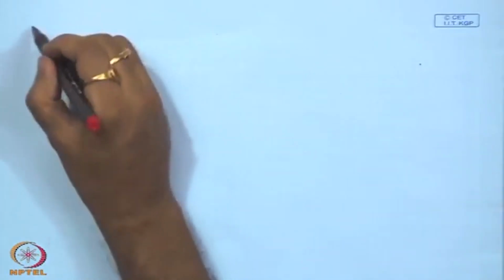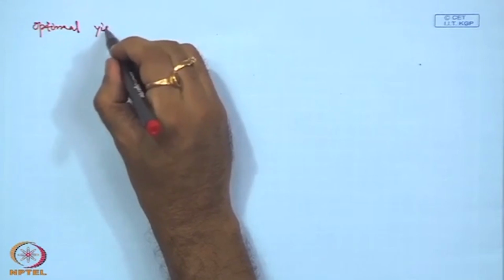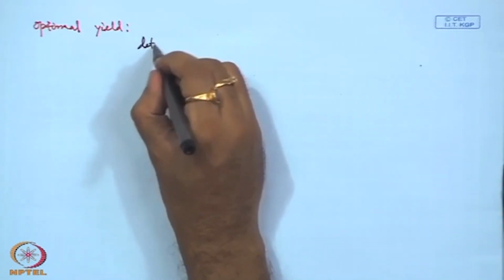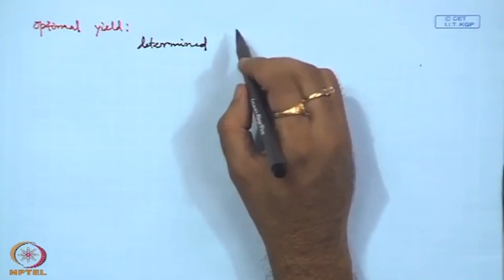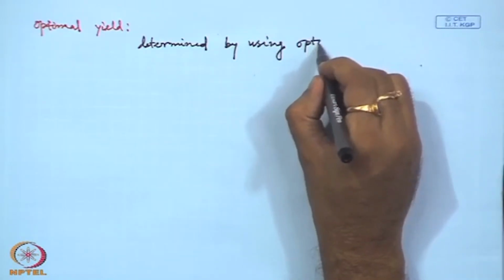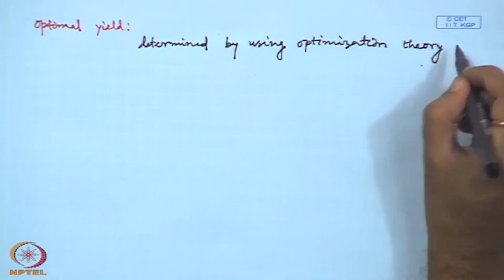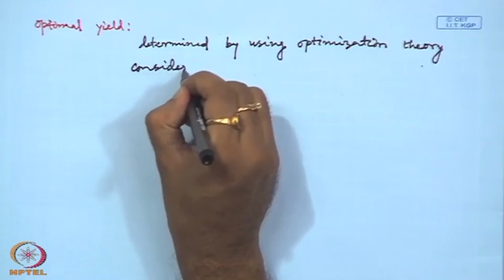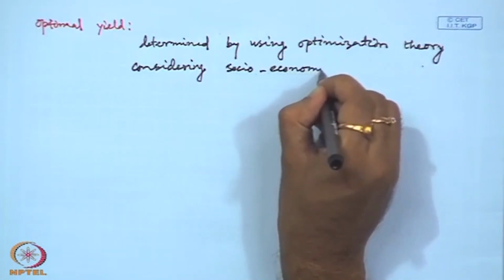Next comes this optimal yield. So, this is determined by using optimization theory, considering socio-economic issues.